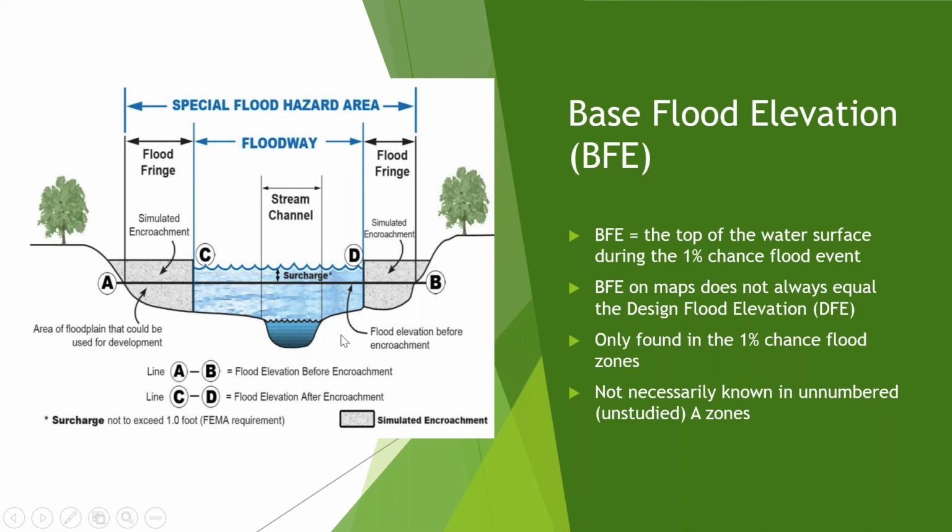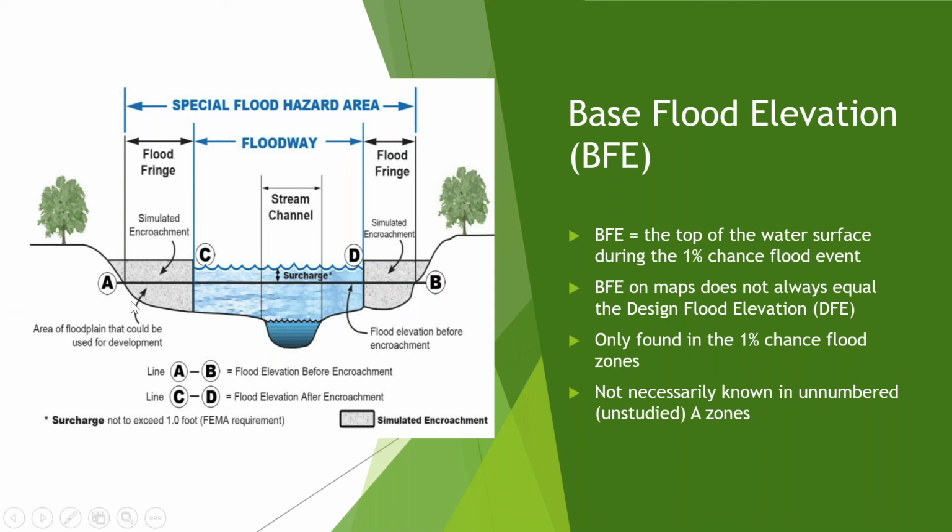So what FEMA does is they will do a detailed study and run calculations or models to determine in that 1% chance flood, or that 100-year flood, how high would that water go? How much water would get into that stream?